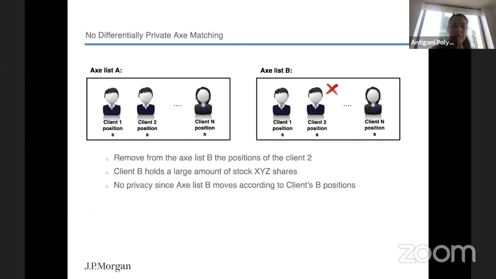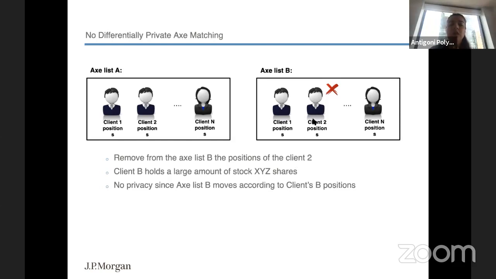Okay, so here is the problem. We have the two inventories. Let's say this is the first list with all the positions of all the clients. This is the second list with, again, all the positions of the clients. But in the second one, we are removing the second client. Here the problem is when a client holds a large position of this particular stock.